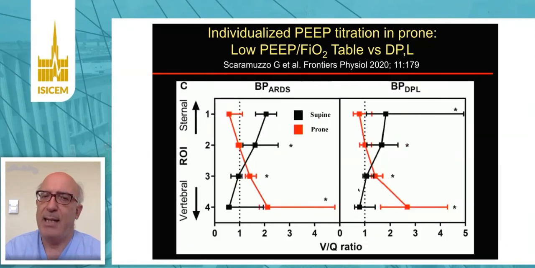And the same for the VQ ratio, which was of course reversed when the animal was set in prone position, but substantially the improvement in oxygenation was better when PEEP was set by using individualized PEEP by PO2 table as compared to the best driving transpulmonary pressure.